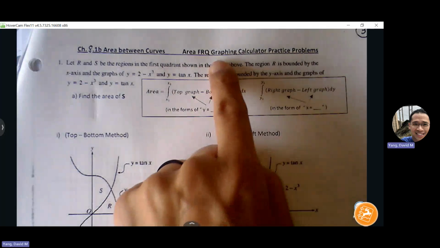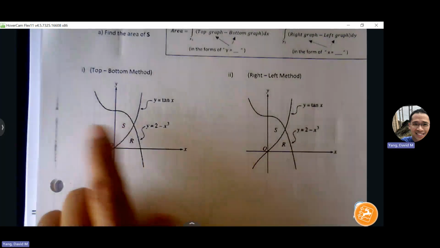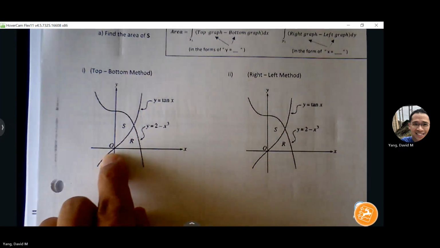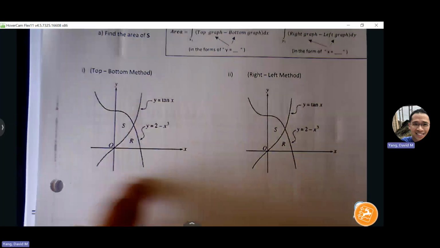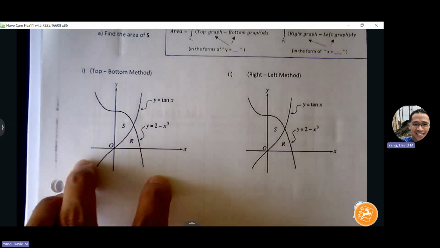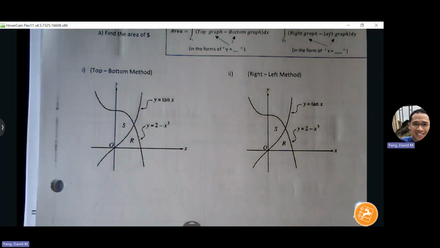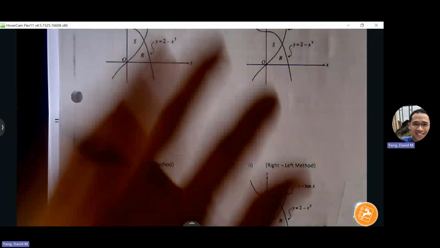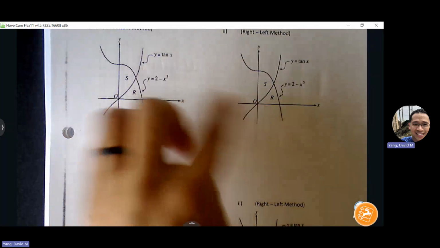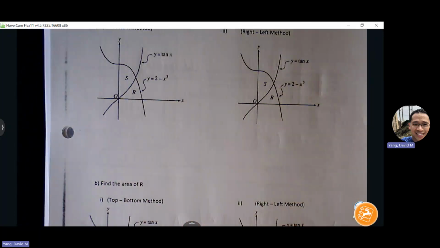So this is an area FRQ problem. This is an older FRQ problem, but I made the same diagram and copied it 4 times over so that we can explore all the different variations of finding the area of S and finding the area of R.